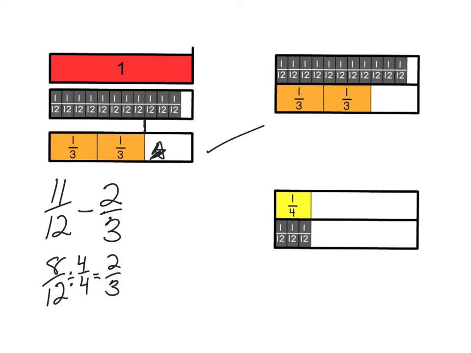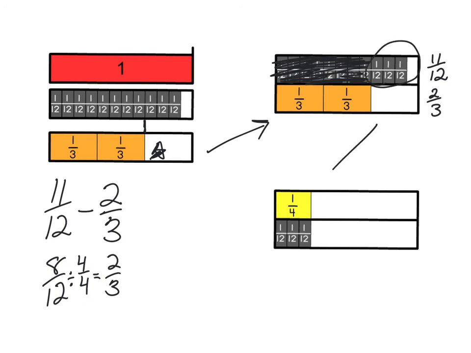But if I go to the second picture here, basically what I'm doing here is I'm taking this 11/12 up top, and I'm getting rid of, because I'm subtracting, I'm getting rid of 2/3. So my 2/3 is underneath. So what I really could do if they gave me a picture, something like this, is I could just scratch this out and say, okay, I'm getting rid of this 2/3, and then what I have left here is 3/12.